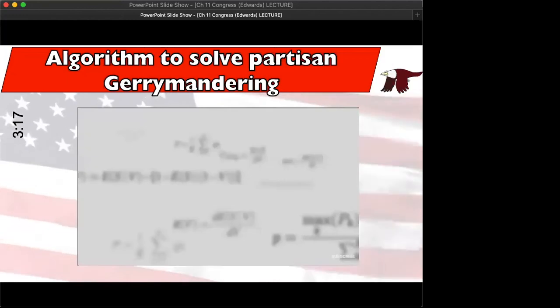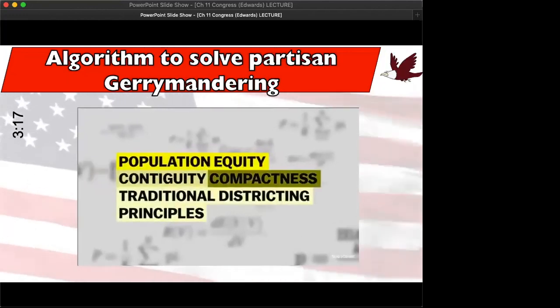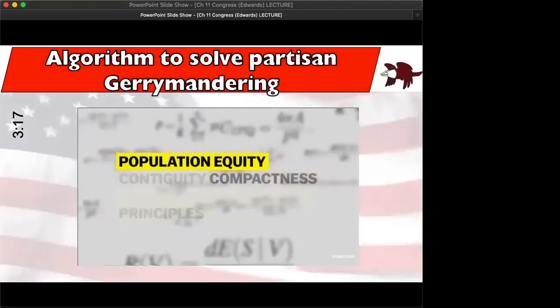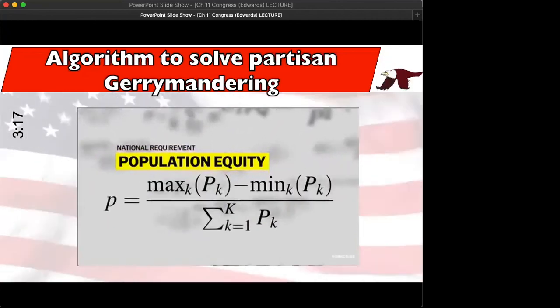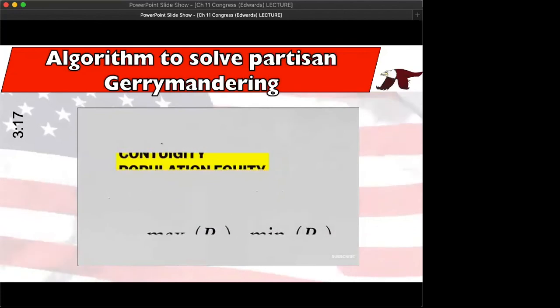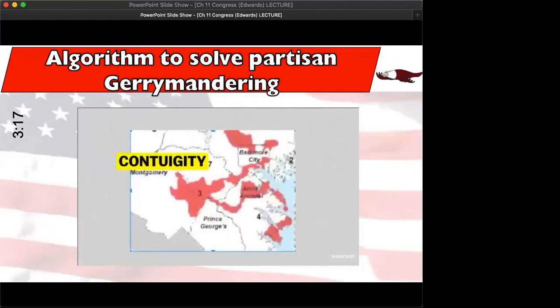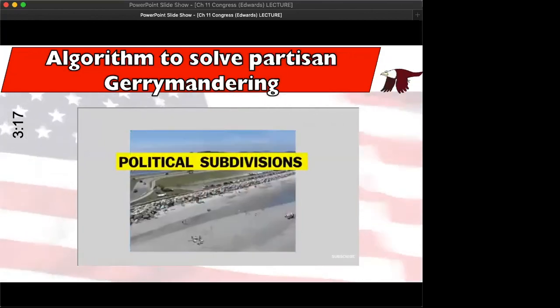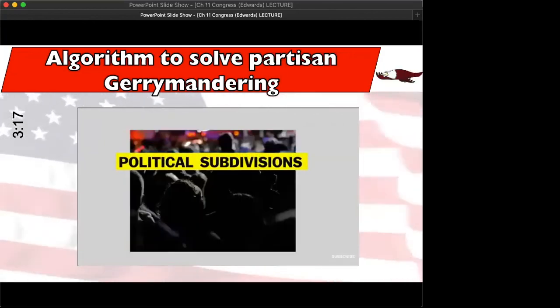The team started developing their tool by identifying what criteria are important to the court. Some criteria are required by law. For instance, we have to have about the same number of people in every district, and all districts have to be contiguous. Contiguous just means they can't be broken up into a bunch of pieces, with some exceptions. The court wants districts that preserve political subdivisions like cities, counties, municipal boundaries.